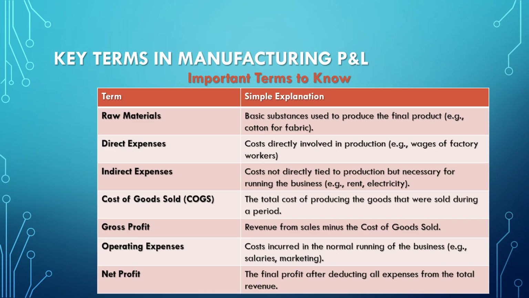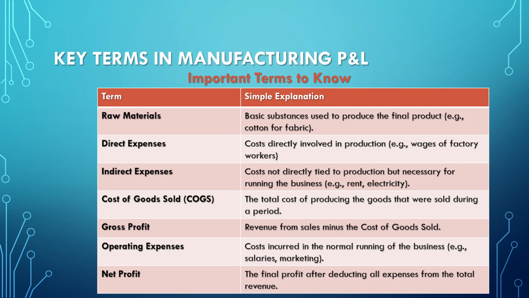Next is indirect expenses. These are costs that aren't directly tied up to making a specific product saleable, but are necessary to run the overall business. Okay, after the manufacturing is done, there are a lot of other expenses which are not involved directly with production, but to make it saleable, we incur these expenses to run the overall business, day-to-day business activities.